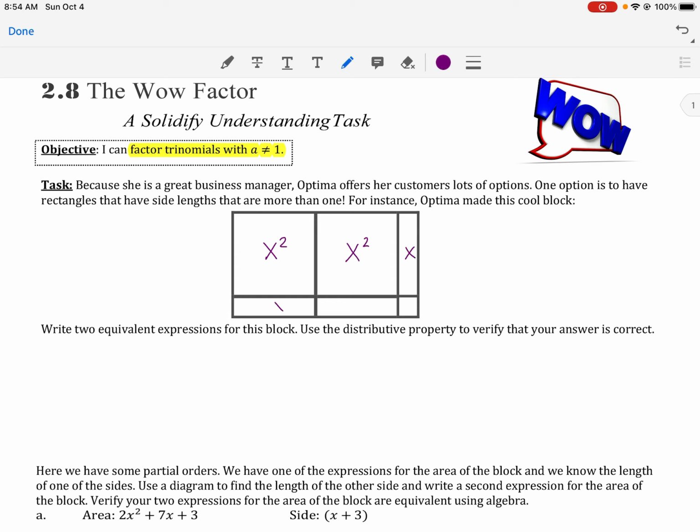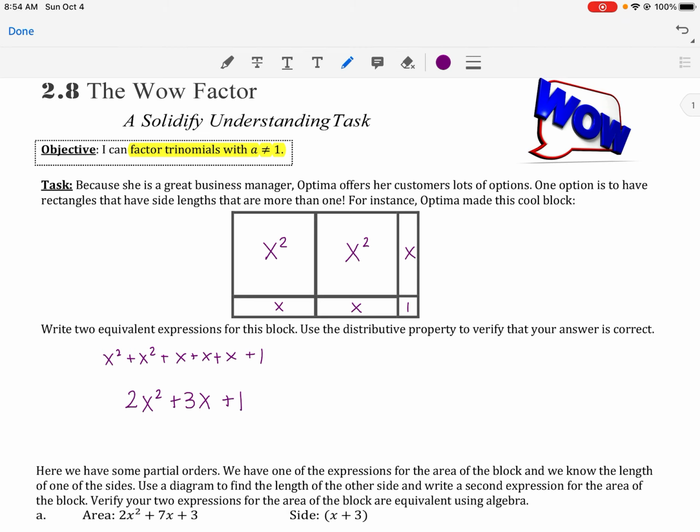Our rectangles are our x's, right? And we've got a unit 1. If I think about the area inside then, I'd have x squared plus x squared plus x plus x plus x, right? Plus 1. So this is the same as 2x squared plus 3x plus 1.